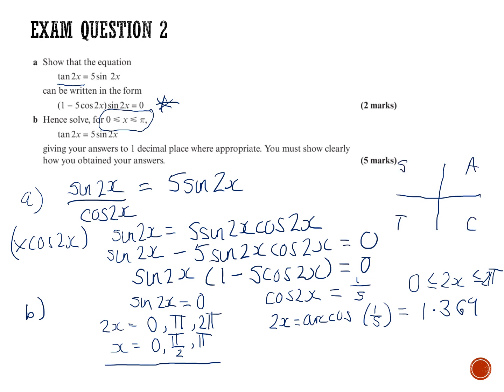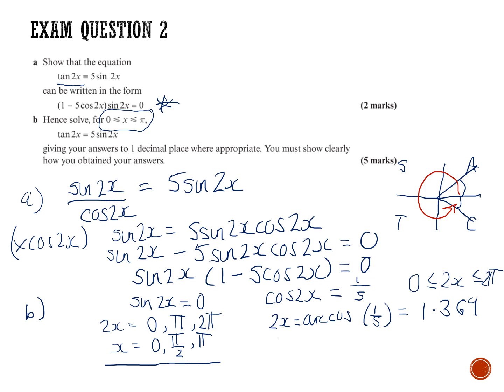So here's my first value for 2x there, 1.369. Where else, again, it's another cos. Where else is cos positive here? So when I read that value off, I'm going all the way around like that.